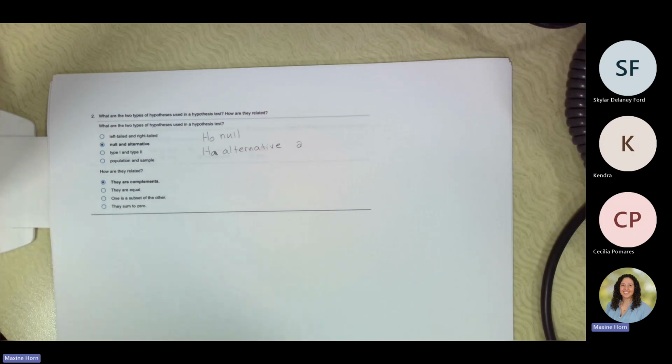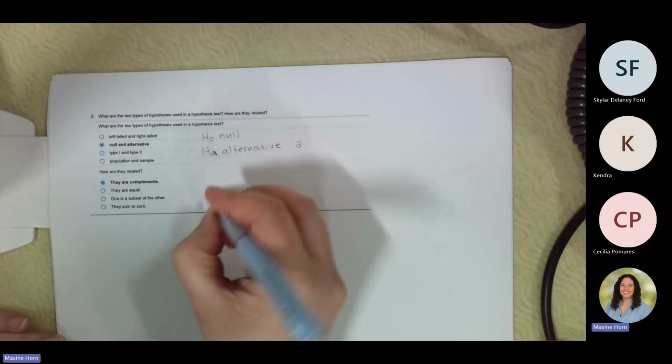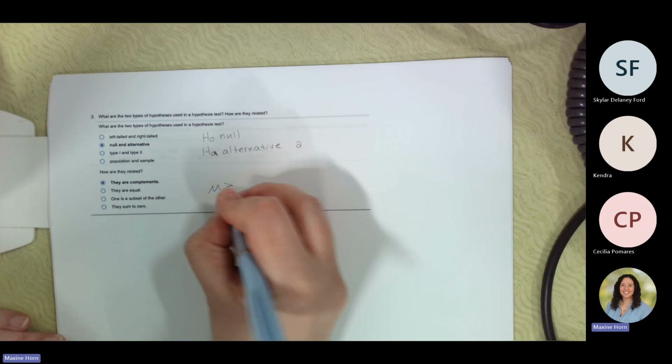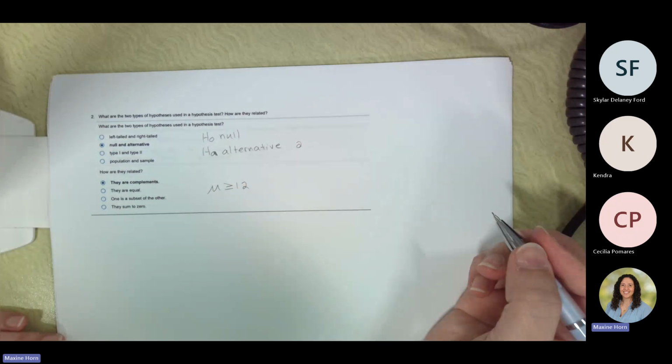And then how are they related? Like I said, they are complements, right? Remember, complements add together to one. Or you can think of it like the one we just did. We were saying that the mean was greater than or equal to 12.